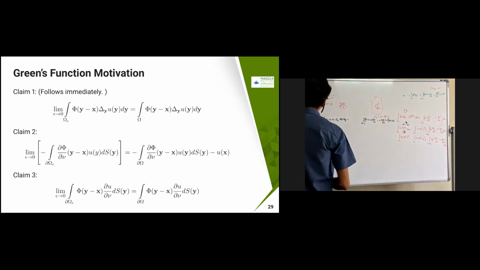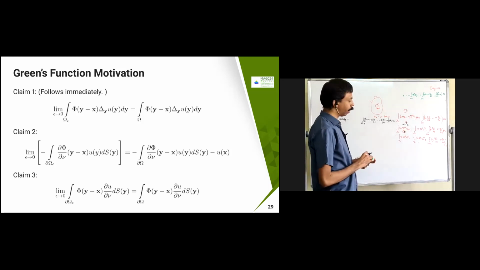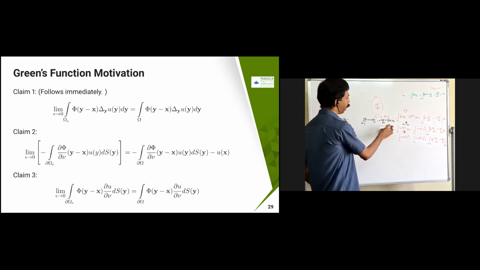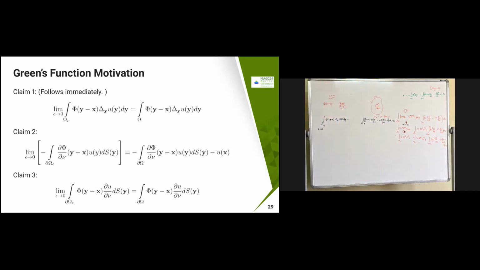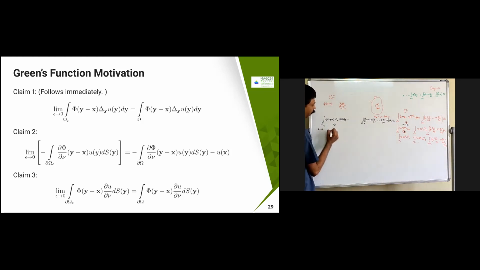Claim one is that when epsilon tends to 0, this integral over omega epsilon is going to converge to the integral over omega of pi of y minus x into del y u y dy.